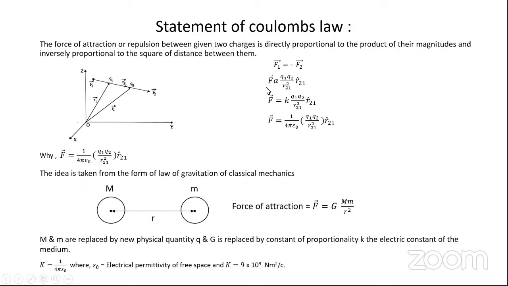The force of attraction or repulsion is proportional to q1 q2 divided by r21 squared, with the direction of vector r21. This is the mathematical statement.